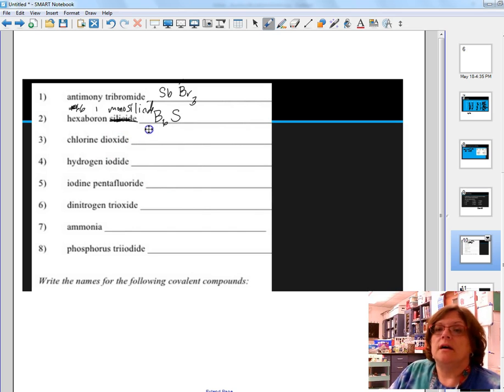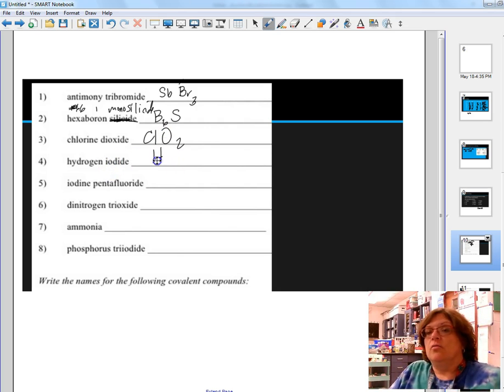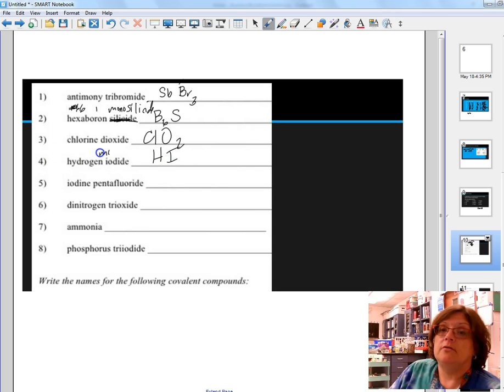Chlorine dioxide, once again, since there's no mono, we can assume there's only one chlorine. Chlorine dioxide, ClO2. Hydrogen iodide. There's no mono, so there's only one hydrogen. Iodine, this should be called hydrogen monoiodide. I did not do a good job of picking these. I apologize.